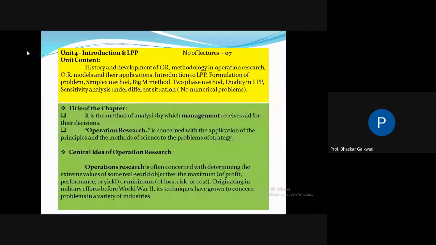The origin of OR was in World War Second.